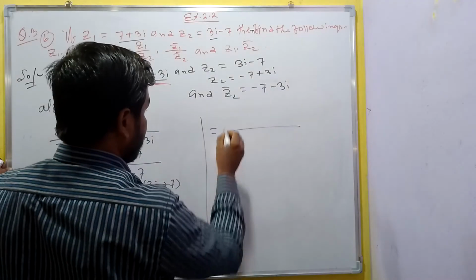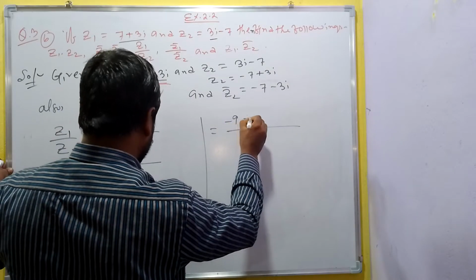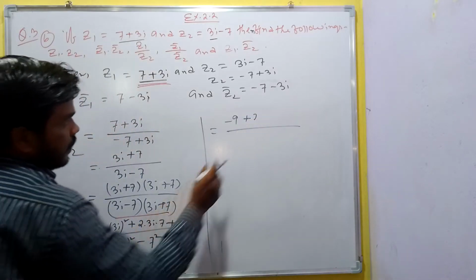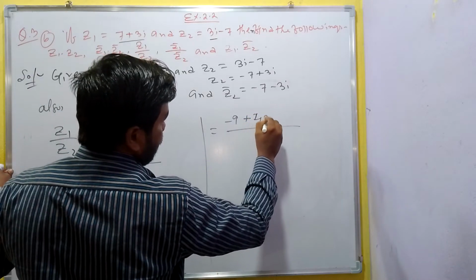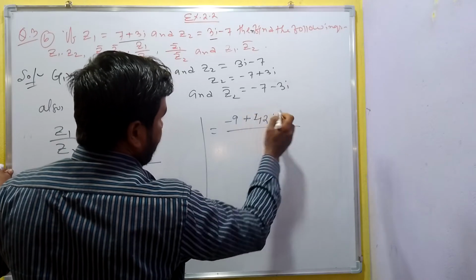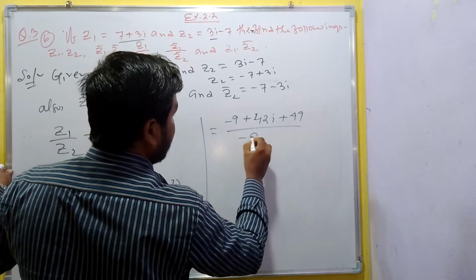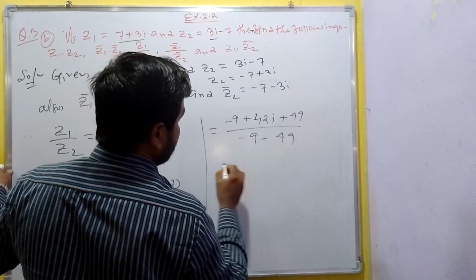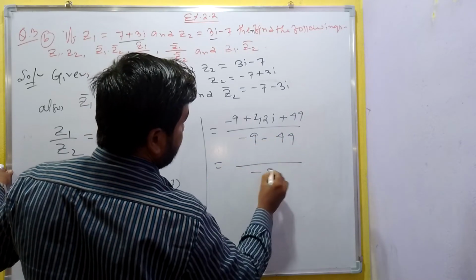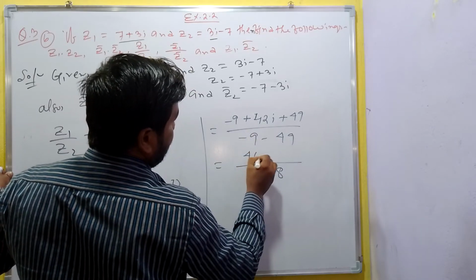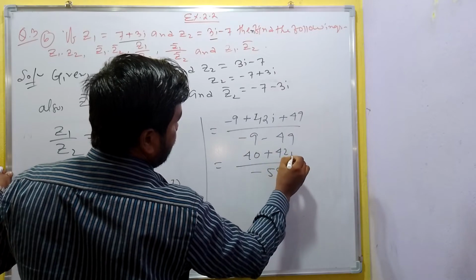So 3i square means minus 9, plus 2 into 3 into 7, that is 42i, plus 49, by minus 9 minus 49, which is minus 58. So the numerator is 40 plus 42i.